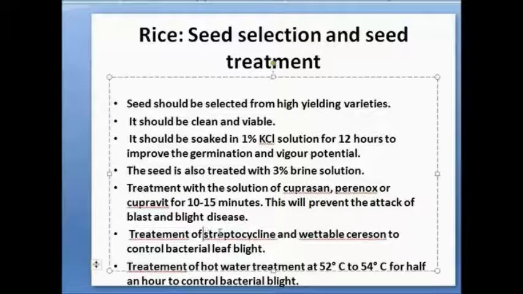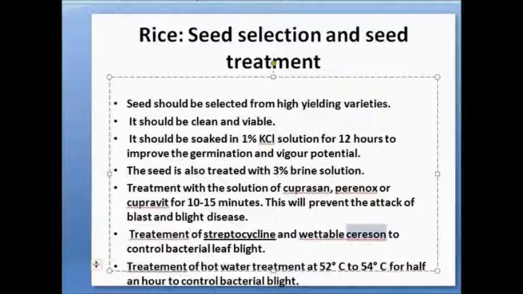Streptocycline, this treatment is important to control all bacterial diseases like leaf blight. Number of bacterial diseases affect rice crop and other crops. So this treatment also can be given to other crops, along with cereson. Cereson is an organomercurial compound.